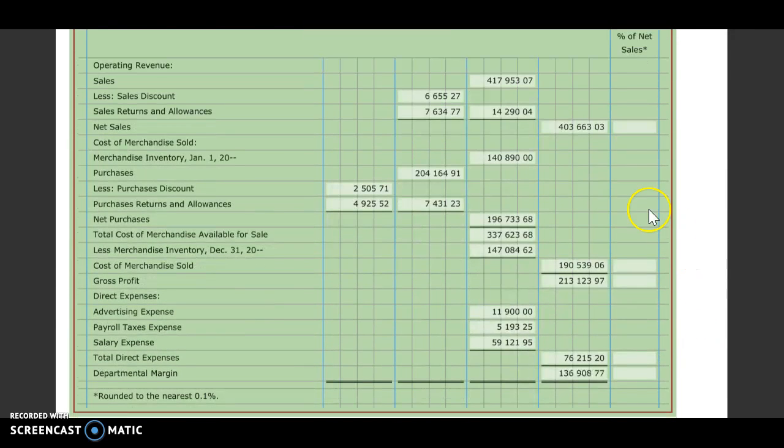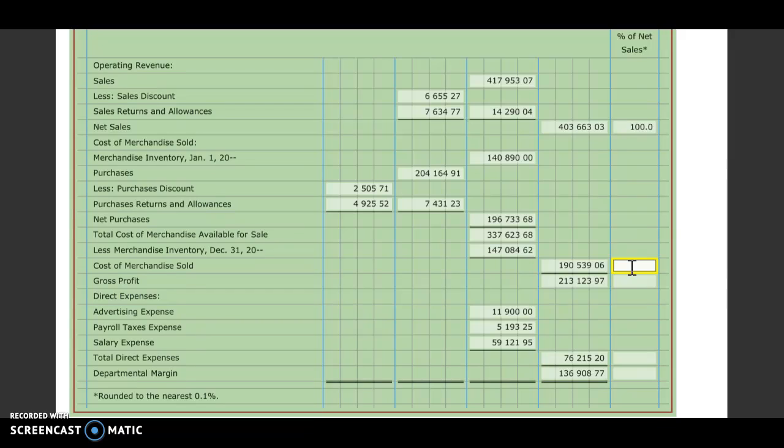Step number 2 is our vertical analysis. Remember, net sales is always going to be our bottom number. So we take net sales divided by net sales, and we should just get 100.0.